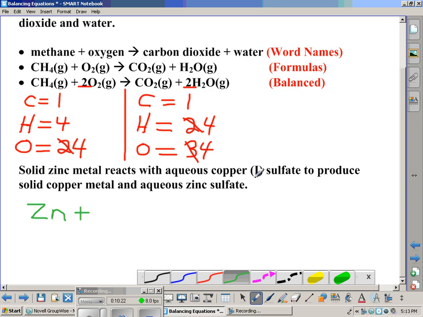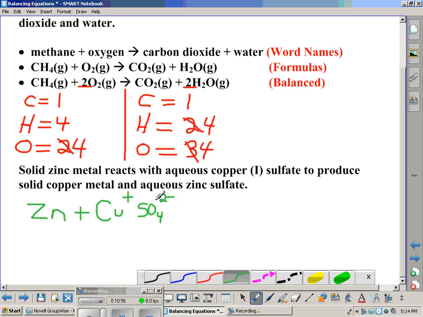aqueous copper(I) sulfate. Okay, aqueous means, again, that it is dissolved in water, but we don't really need to worry about that at this point. Let's put copper, Cu. It says it's copper(I), which means it has a charge of +1. And a sulfate is SO4, which has a charge of 2 negative.